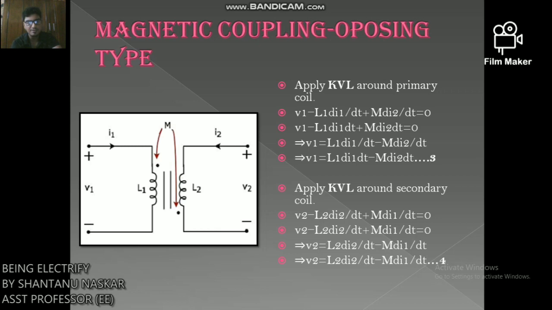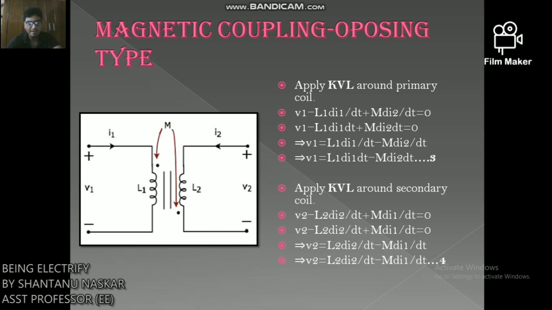Hence, it induces a voltage in the secondary coil. So, positive polarity of the induced voltage is present at the dotted terminal of the secondary coil. In this circuit, the current I2 leaves from the dotted terminal of the secondary coil. Hence, it induces a voltage in the primary coil. So, negative polarity of the induced voltage is present at the dotted terminal of the primary coil.